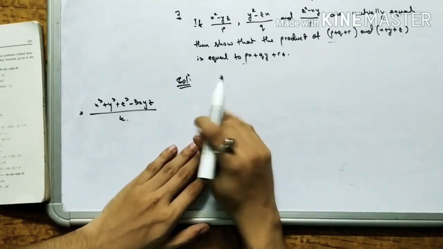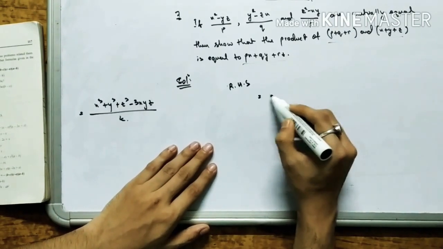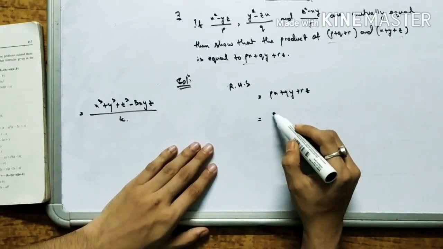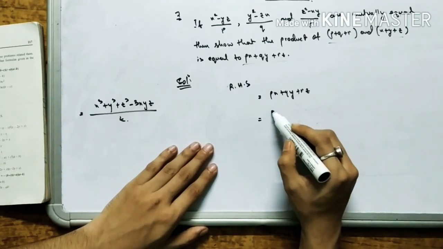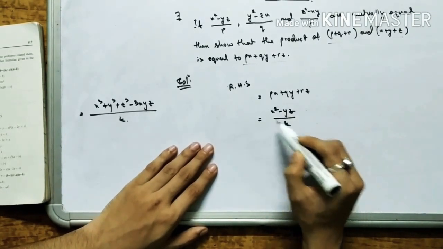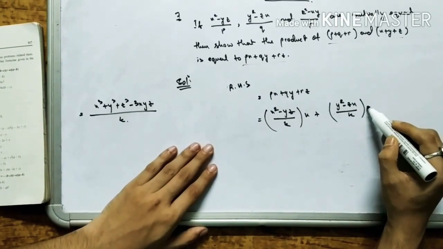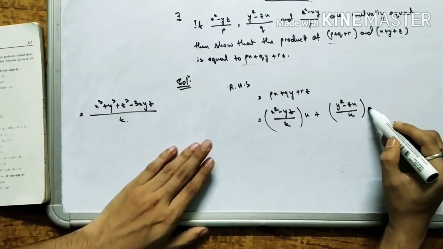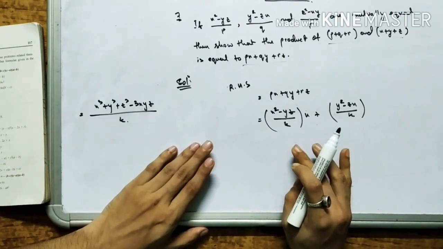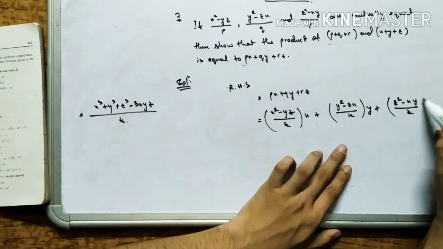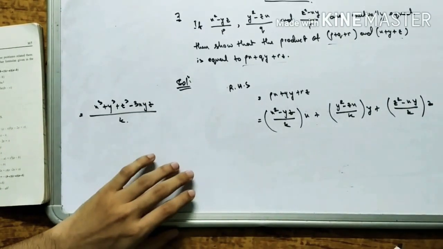The RHS is px plus qy plus rz. Here again, the p value was (x square minus yz) by k into x, plus (y square minus zx) by k into y, plus (z square minus xy) by k into z.